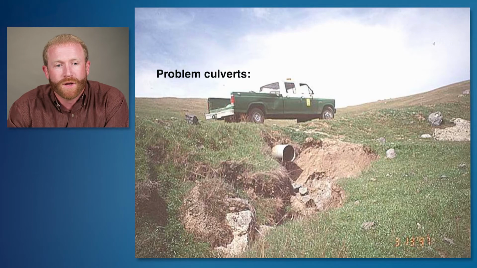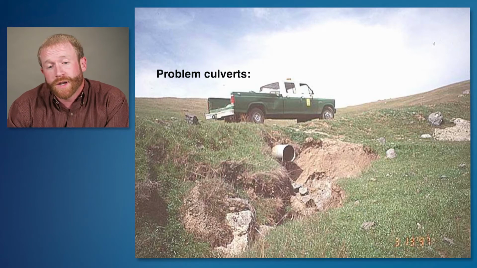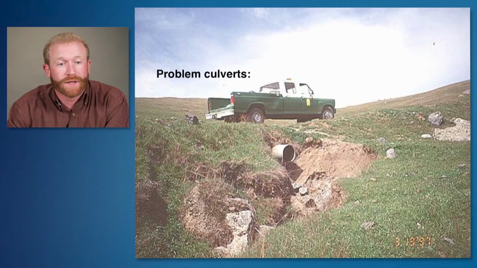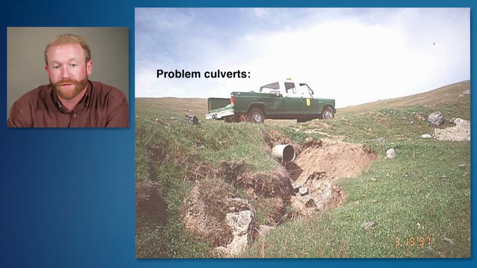Another example that you have heard some about is problem culverts and sedimentation issues. This could be a new issue, where maybe this year you had a couple of severe storm events and the culvert that is usually properly sized ended up being undersized because of a severe event.